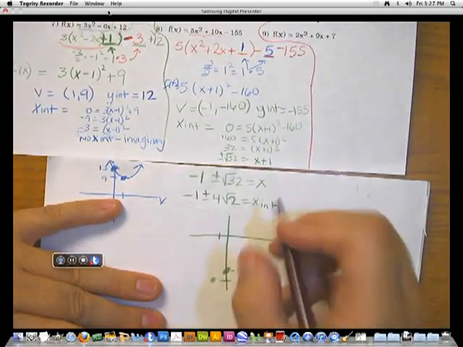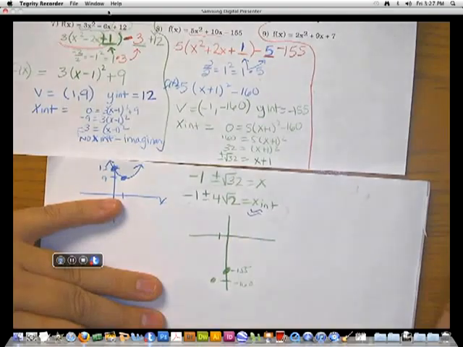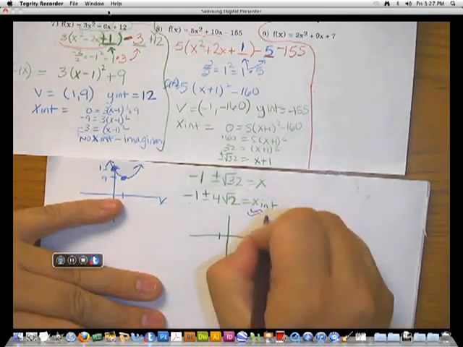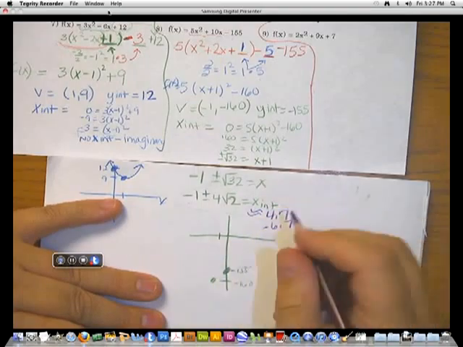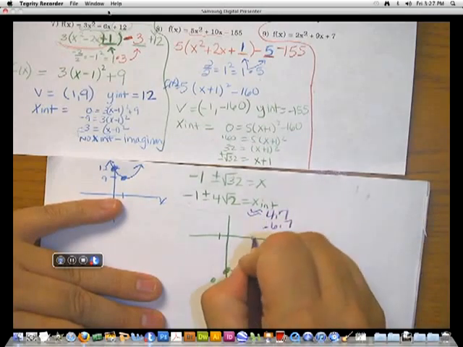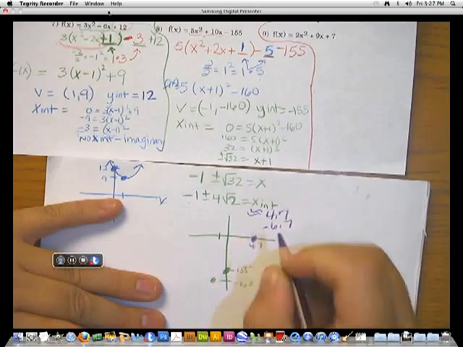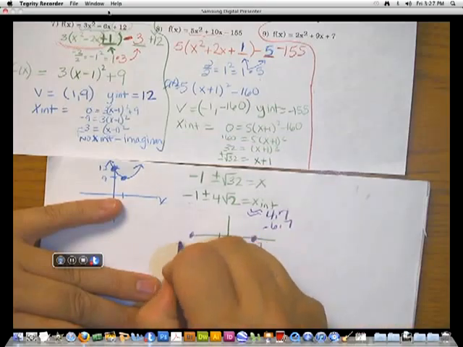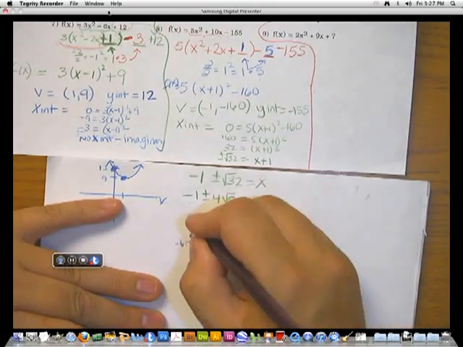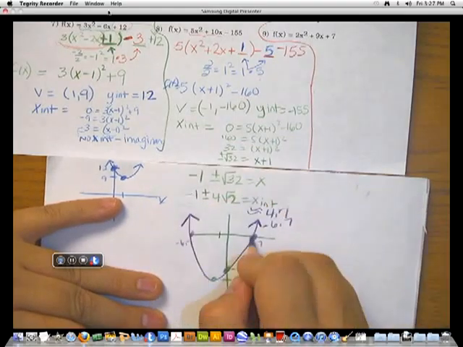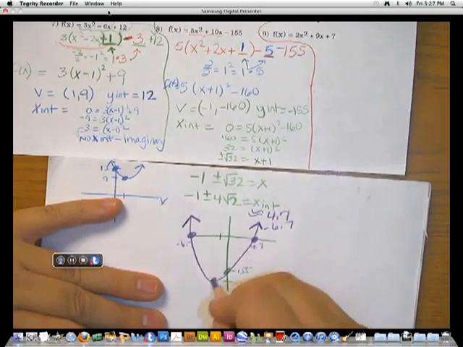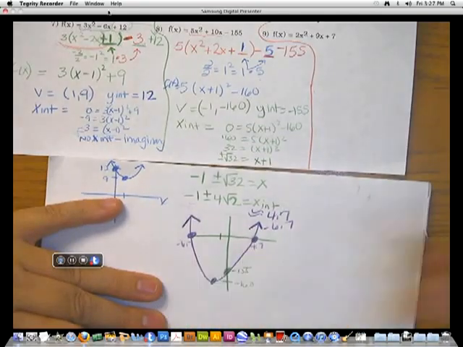So you do need to put that in your calculator and come up with approximations, and find that it should be approximately 4.7 and negative 6.7. So we're going to say 4.7 and negative 6.7 so that when I connect my dots, it goes through all of those important points, the vertex, the y-intercept, and the x-intercepts.